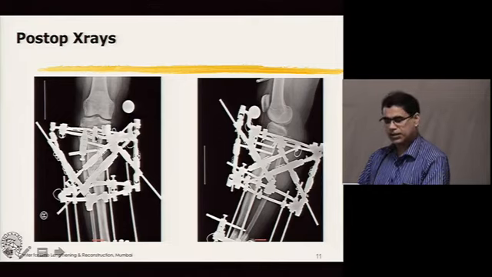There is no thrust now. This is the video she sent from home. And that's how the healing has been progressing at 4 months, 6 months, and ready for fixator removal.